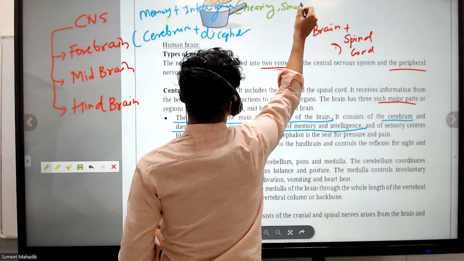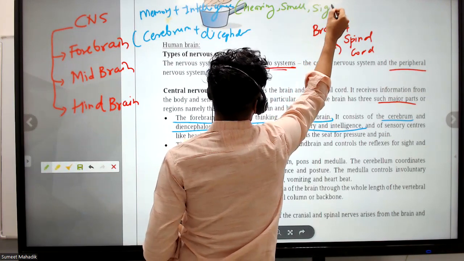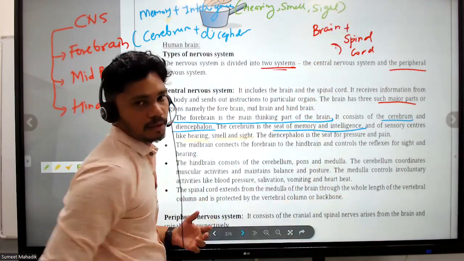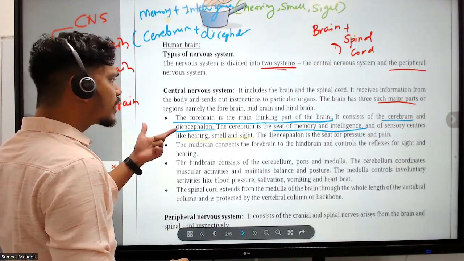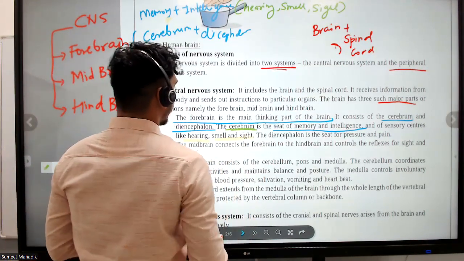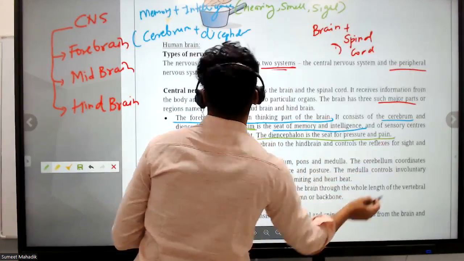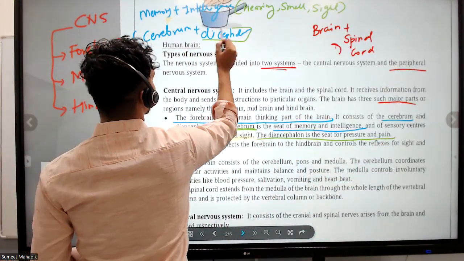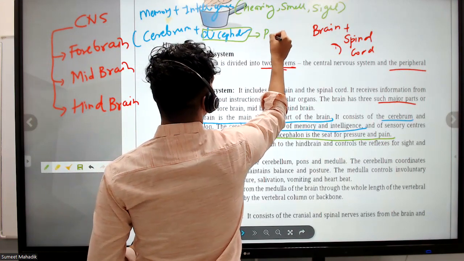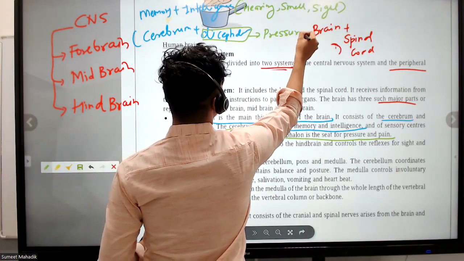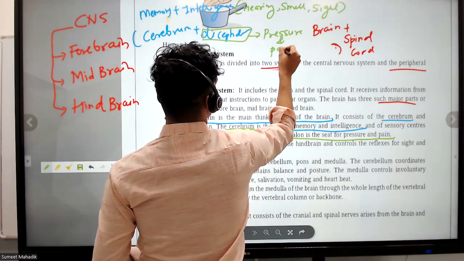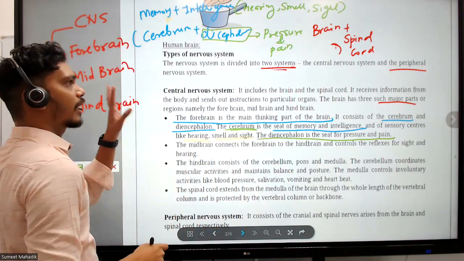Who has done that? Cerebrum. Now, the diencephalon is the seat for pressure and pain. So you have a diencephalon which is giving you the feeling of pressure and pain. We will do this again.